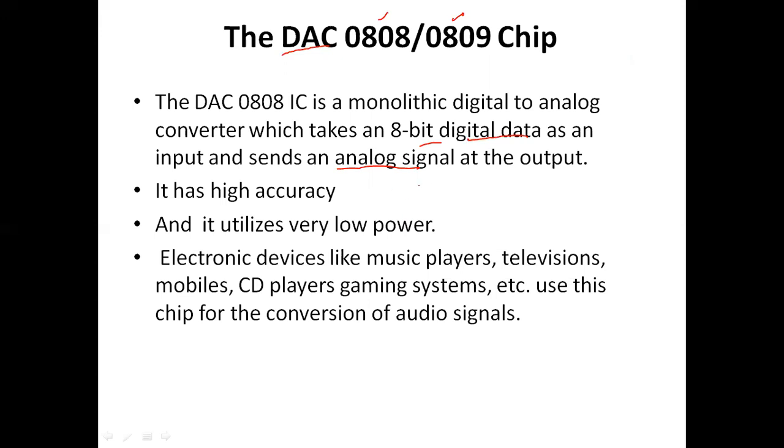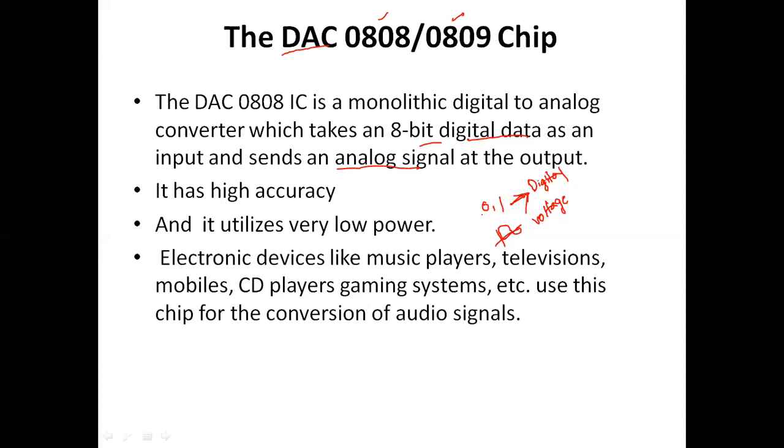So what do we mean by a digital input? Digital input means zeros and ones. And by analog signal we do not mean a sine signal or something; this analog signal we call a voltage. Fine. These are the digital signals. So digital signals are converted into voltage signals, and vice versa, voltage signals are converted into digital signals in an ADC.